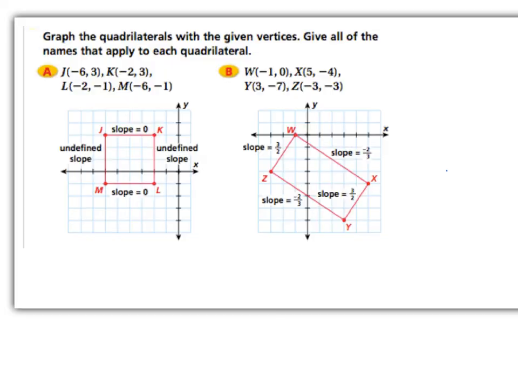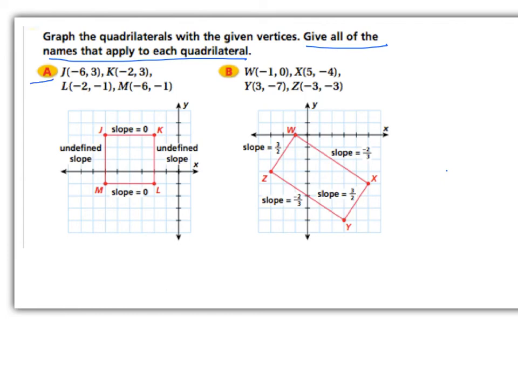Alright, what we're going to do next is use these shapes to give all of the names that apply to each quadrilateral. You might want to use the reference sheet from 5/4 to help you with this. If I look at A, they're already giving you the slopes.